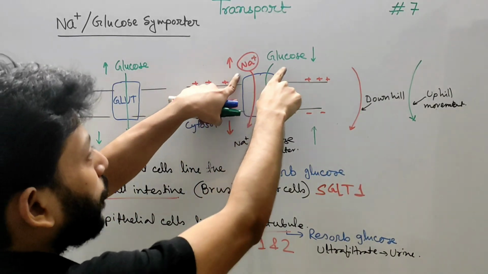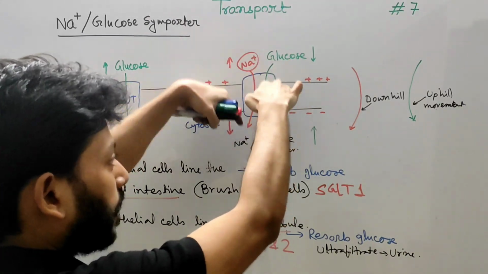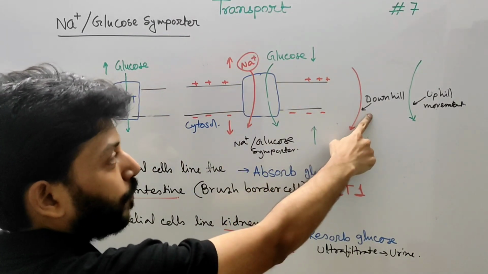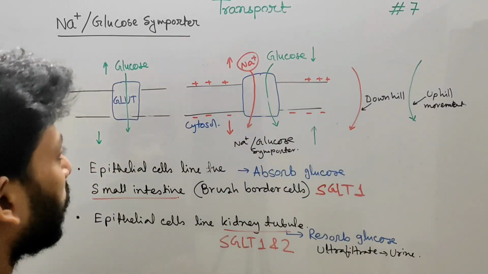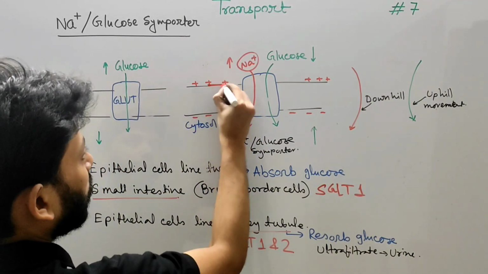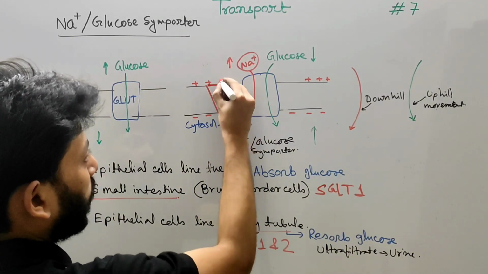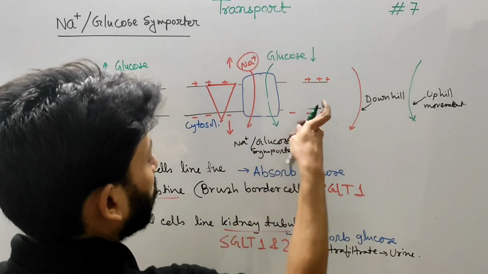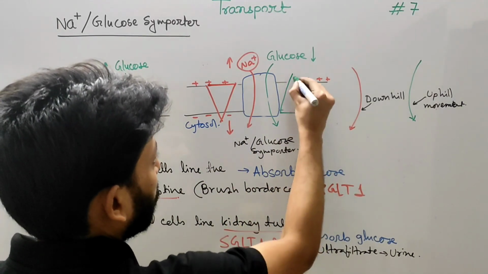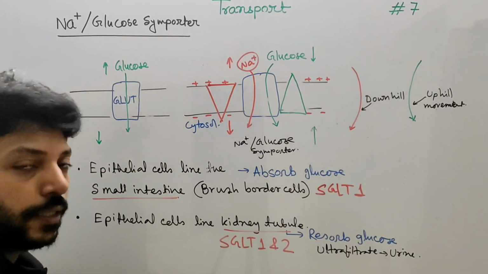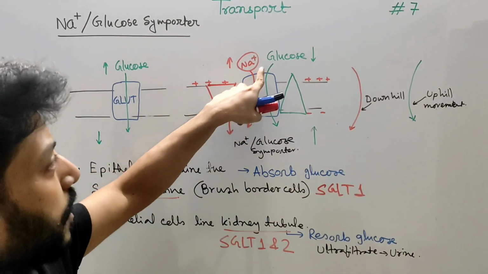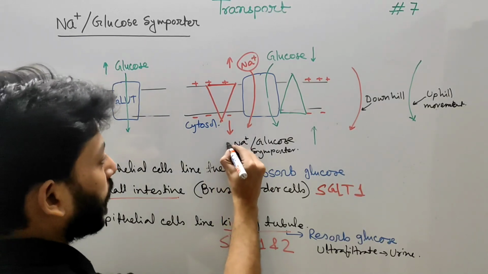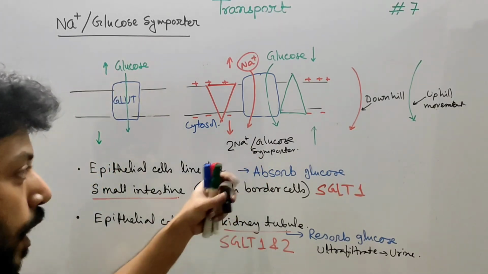So both sodium and glucose move inside the cells, and sodium shows the downhill movement. The concentration gradient looks like this: the outside is the base and inside is the point, and for glucose the chemical concentration looks like this. One important thing is that two sodiums move inside with one glucose.